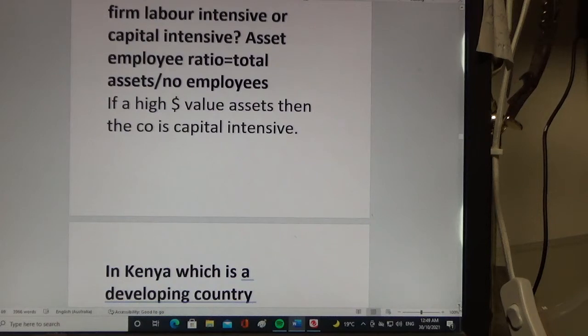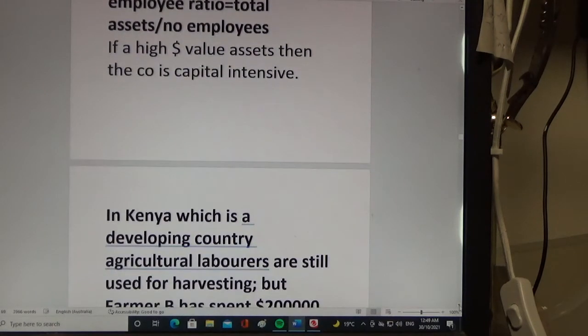Okay, so that's how we use that ratio, total assets divided by number of employees. If a high dollar value of assets, then the company is capital intensive, all right? But if they only have a few machines and a lot of labourers, obviously they're labour intensive, but you still need a combination of both.